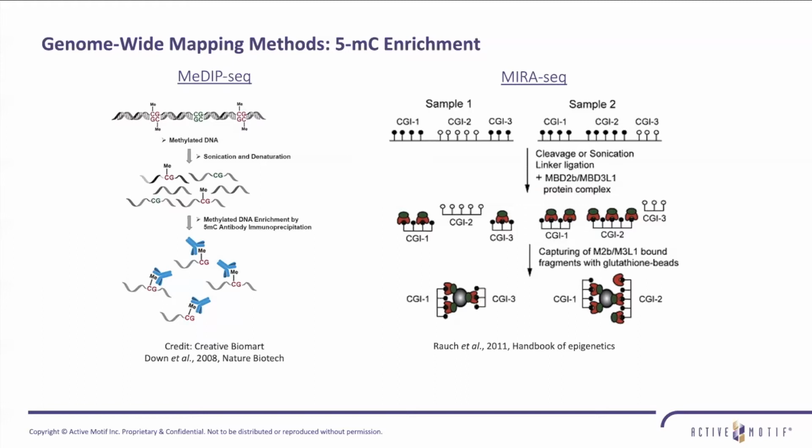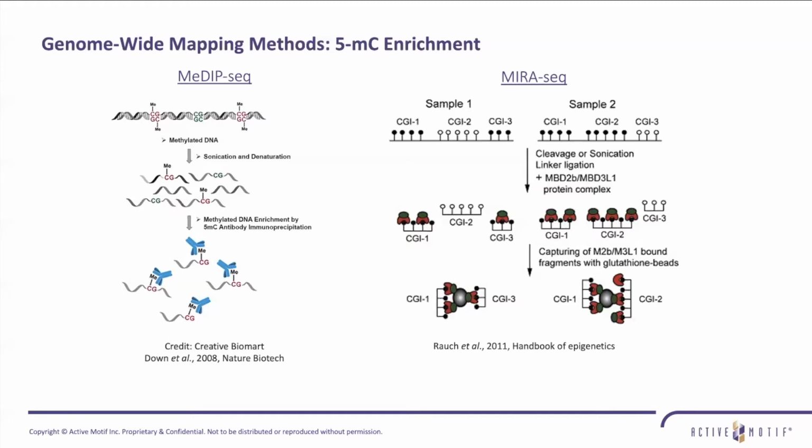That's important because the methyl group is embedded in hydrogen bonds in the double helix, so if you want to capture methylation, you will have to denature DNA. Then DNA is incubated with an antibody that recognizes methylcytosine, and it's bound on beads, washed, eluted, and DNA can be sequenced, and we can look at regions that contain DNA methylation.